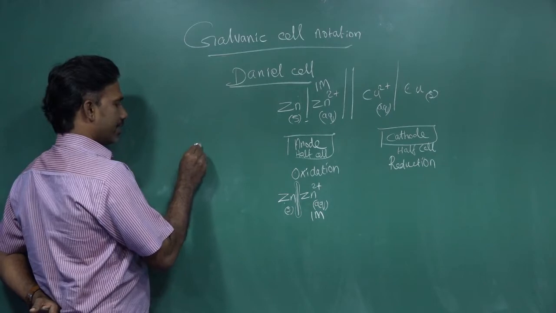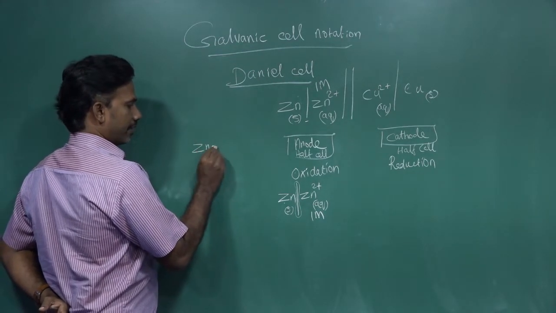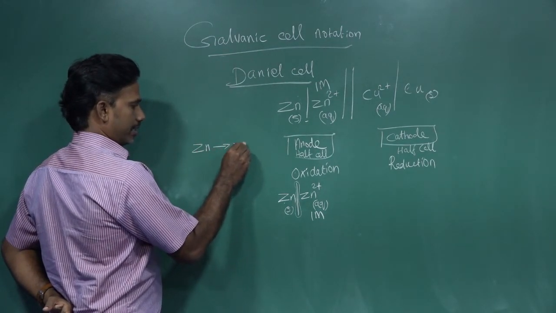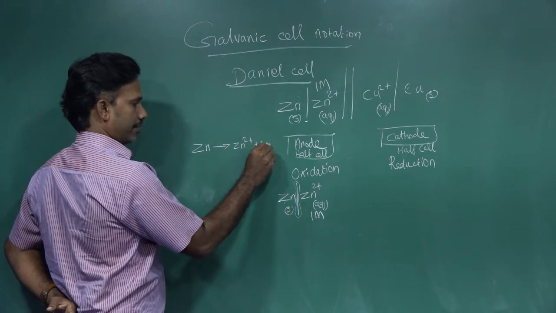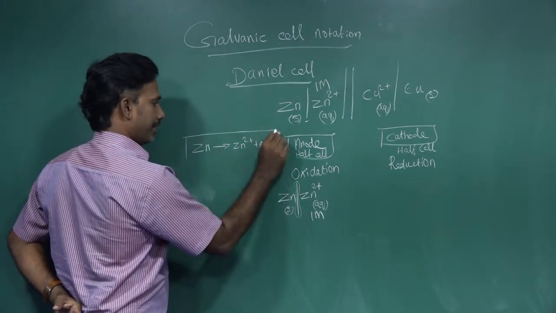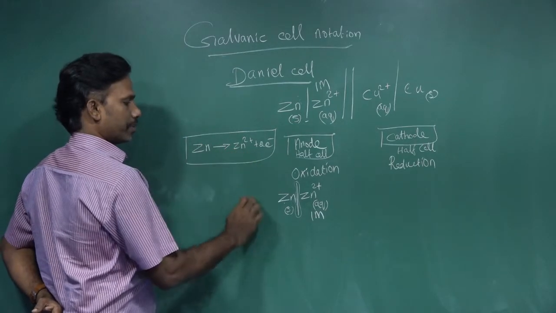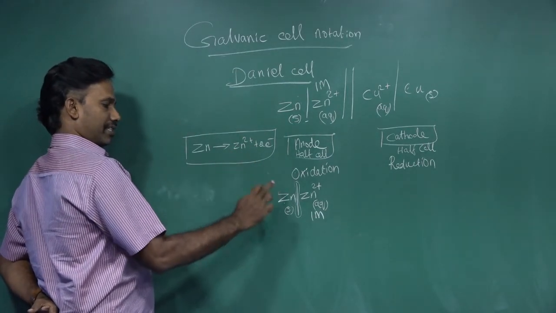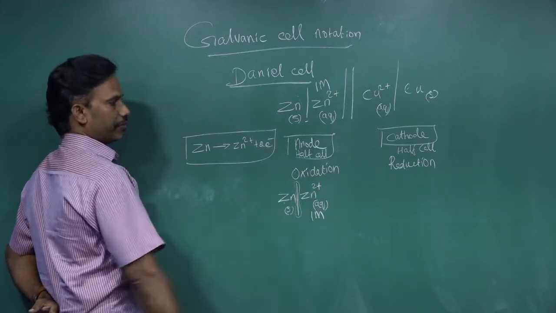What happens in the Daniel cell? Zn gives Zn2+ plus 2 electrons. Oxidation: Zn becomes Zn2+. So we write first the metal Zn, then Zn2+.